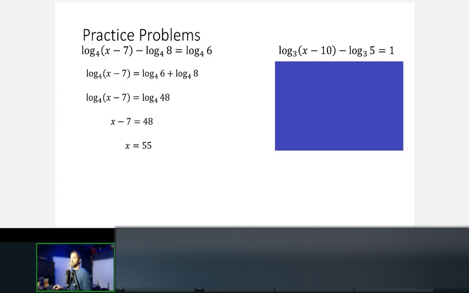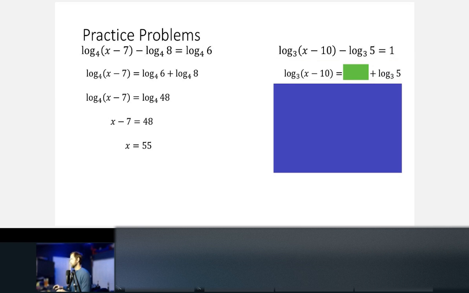And then it looks like someone else said we can also add that negative log base 3 of 5 to both sides. So yeah, I'm going to do that, and that 1 we're going to rewrite as log base 3 of 3, like we already talked about. And then addition becomes multiplication.